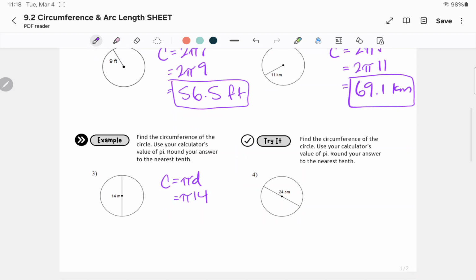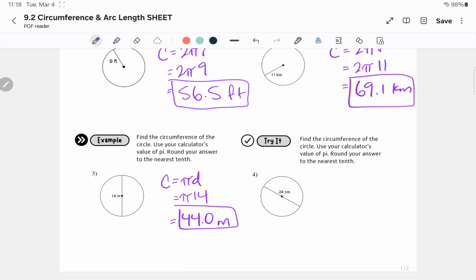Let's scroll up. There we go. So now we're going to clear our calculator, put in pi times 14, and that gives us 43.98. To the nearest tenth, this rounds to 44.0. So 44.0 meters.